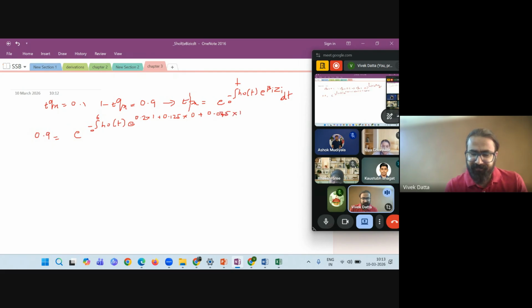This is equal to e raised to minus the integral from 0 to 6 of h naught t, into e raised to 0.275. Is everyone getting till here?